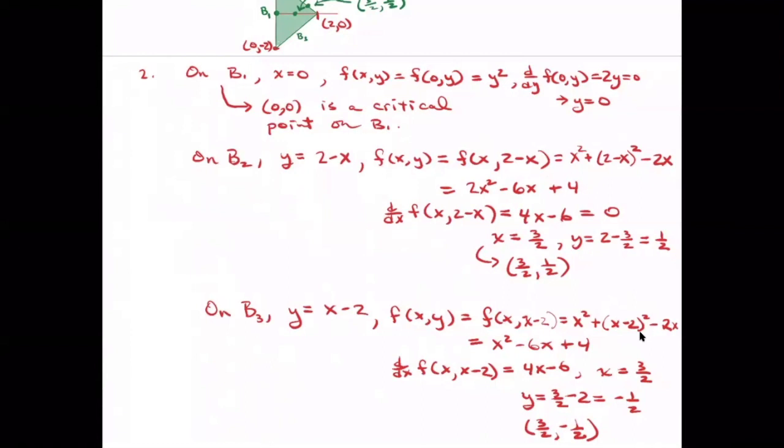I'm just going to go straight down below the last one, like here, and reference it. All right, any questions? Isn't that horrible? So those are critical points on the boundary. That's step 2.